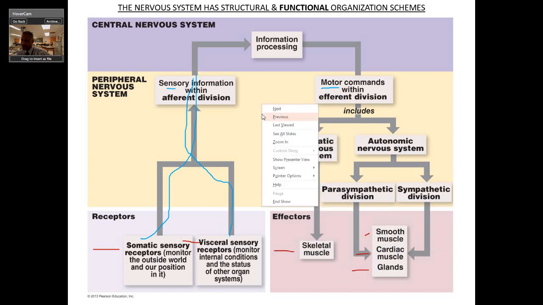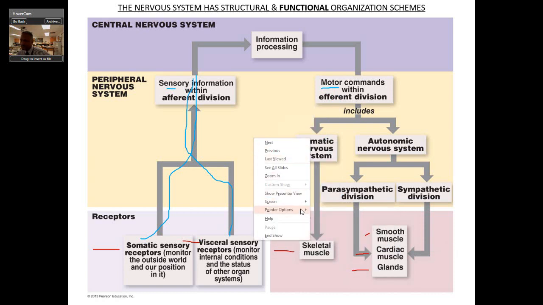All right, let's go back to the pen. I followed this up here. That's input, that's afferent. Now your efferent is going to be either somatic or autonomic. If it's somatic, it's going to go right to the skeletal muscle. If it's autonomic, it's going to be smooth muscle, cardiac muscle, or glands.